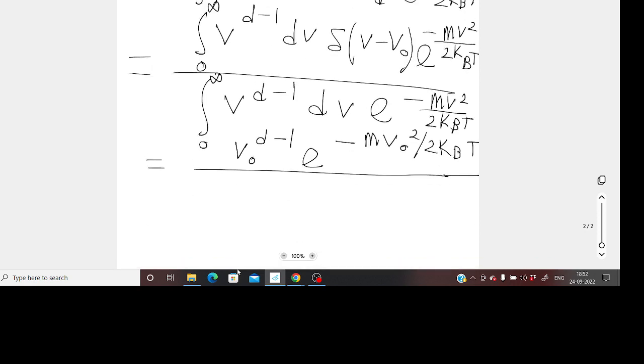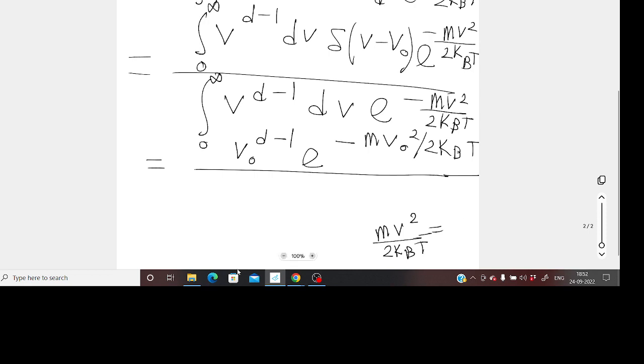Now let's calculate the integral in the denominator. So how to do that? Gamma function, right. So we'll assume that m v square by 2 kBT equal to x, and let's say y.